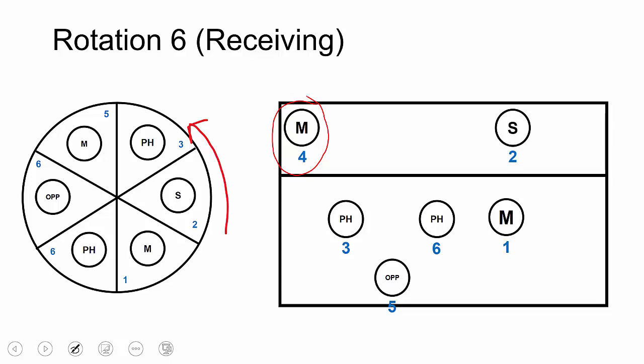Okay, I actually forgot to change this. 1, 2, 3, 4. So the middle should be in 3, 4. That's 5. Whoops. So this middle here has to be in between the opposite here and the pass hitter here. Okay, so the middle has to be to the left of the pass hitter, to the right of the opposite.